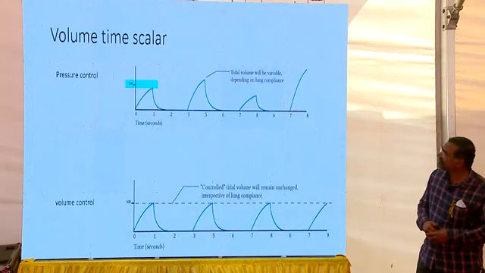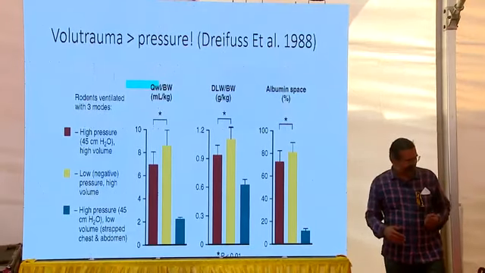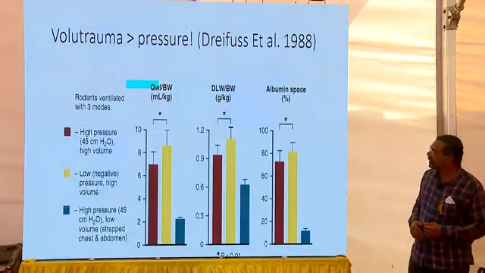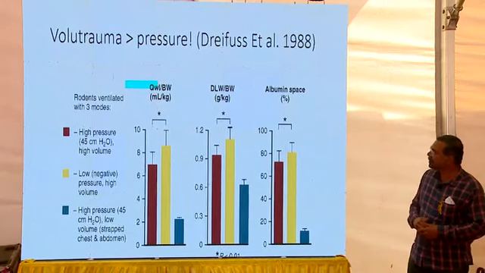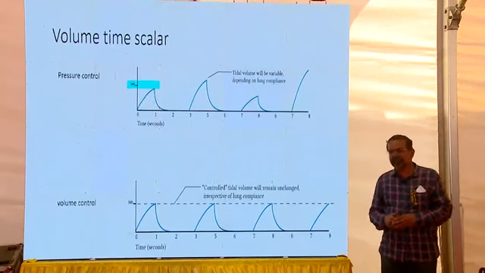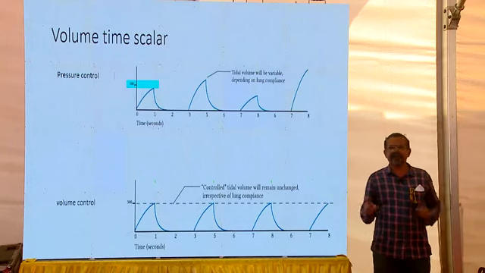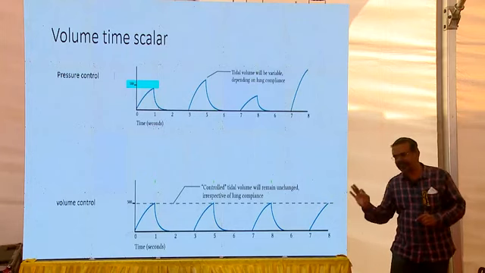Previous slide. So to make it simple, in pressure limited, our whole idea is to limit pressure. Suppose you tell the ventilator to give a PIP of 15.